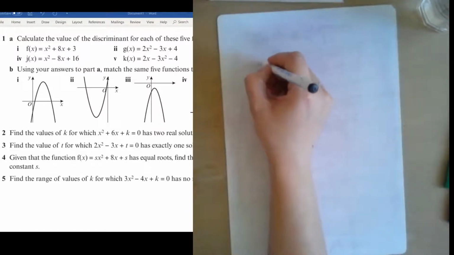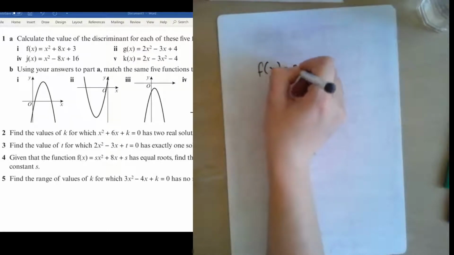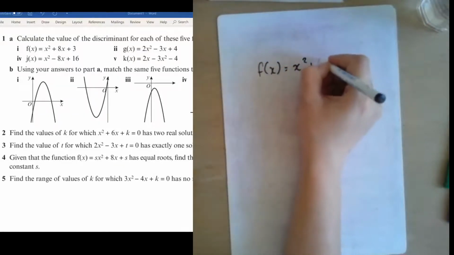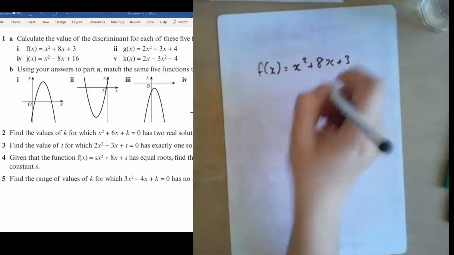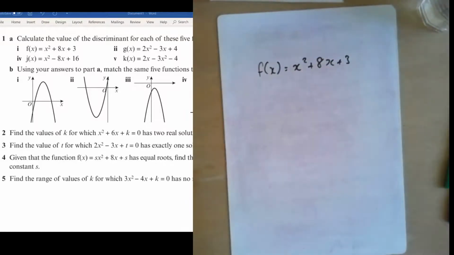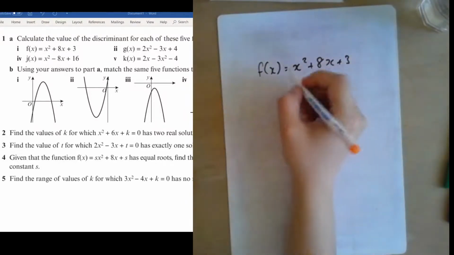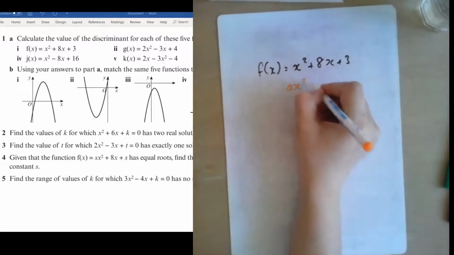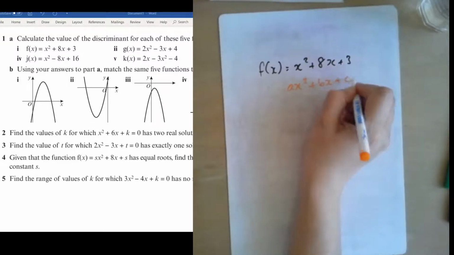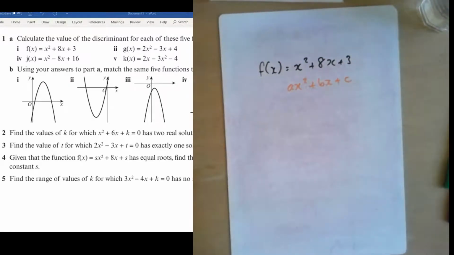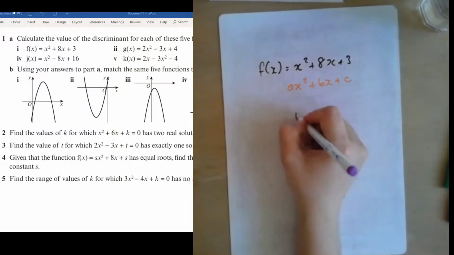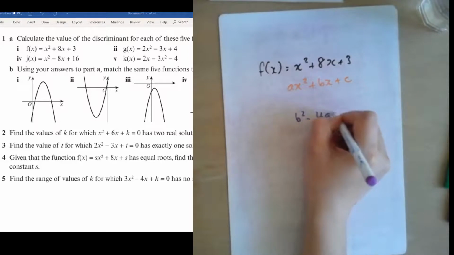Okay, so I've got the function x squared plus 8x plus 3. If I had to write this out in the form ax squared plus bx plus c, which is just your generic quadratic equation, I need to find b squared take away 4ac.